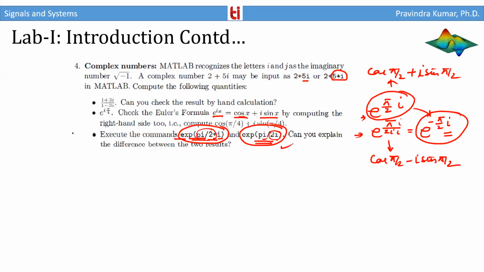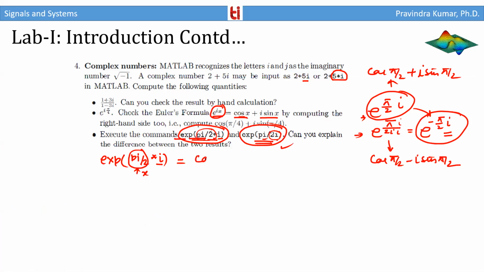Actually, when you write exponential pi by 2 into i, okay, here the meaning is pi by 2 into i, or you can write e to the power ix. This x means this.